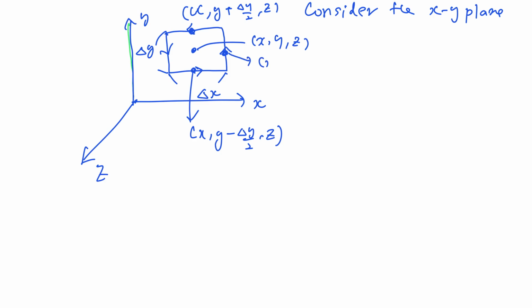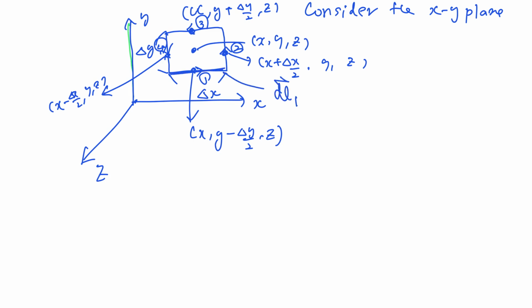This point is x plus delta x over 2, y, z. And this point is x minus delta x over 2, y, z. And 1, 2, 3, 4. Let's call this dL1, delta x times the x direction.